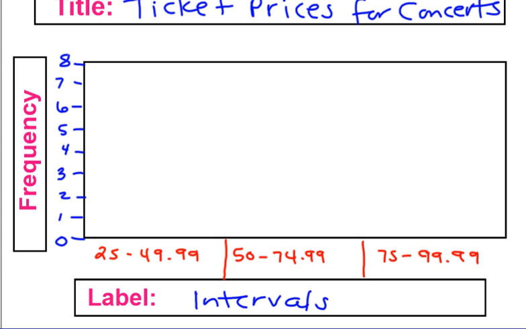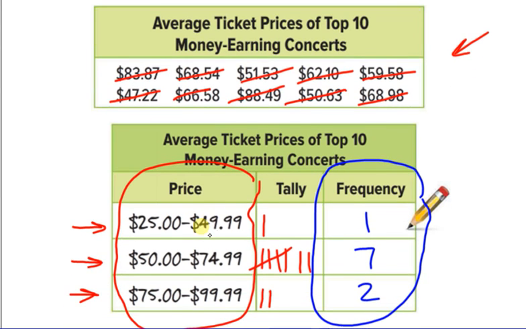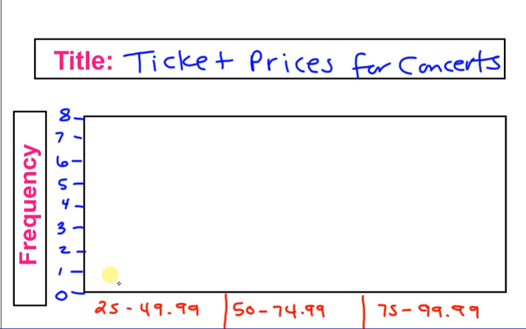And now we have to make our histogram. So the hard part is setting it up. The easy part is making the histogram. Alright, so for our first interval here, we had a frequency of 1. And so I'm going to make my first bar. And you can choose to color it in, but you don't have to. Okay? The important part is that the bar starts here and it ends at the beginning of the next interval.